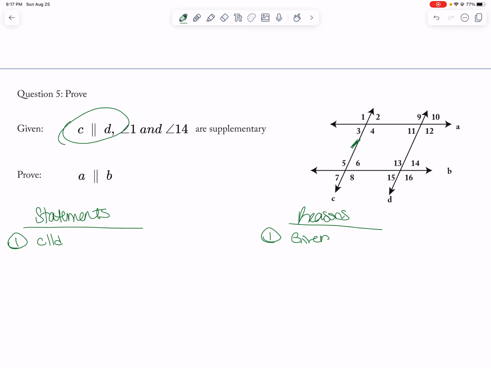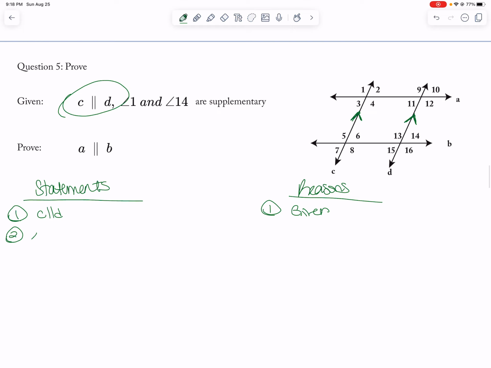So C is parallel to D. So then angle 1 is here. Angle 1 is congruent to angle 12 by alternate exterior angle theorem.